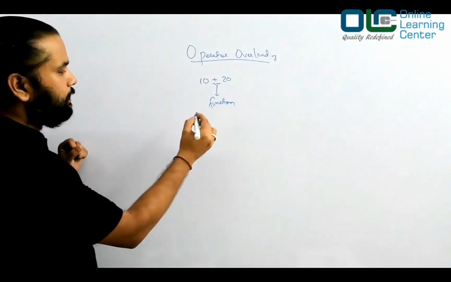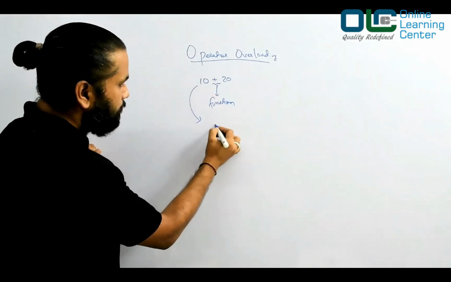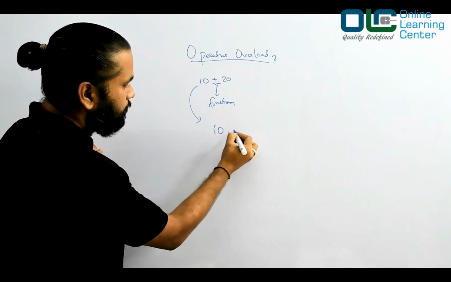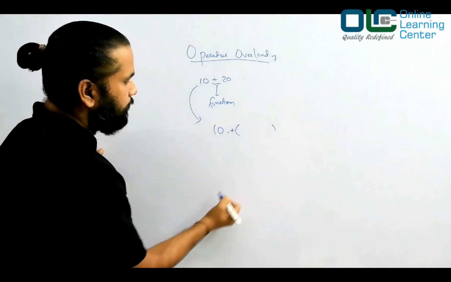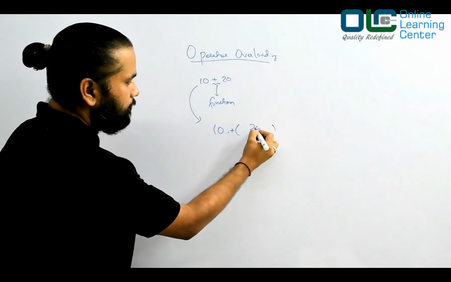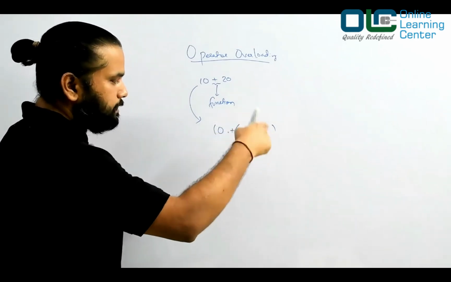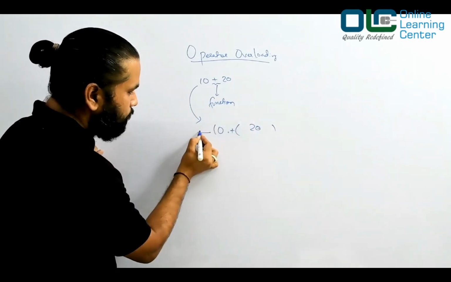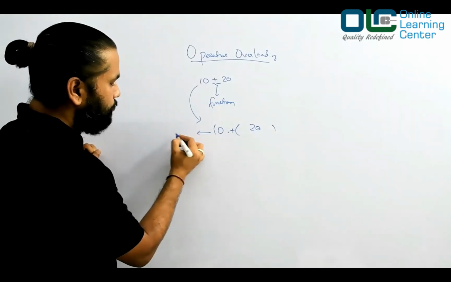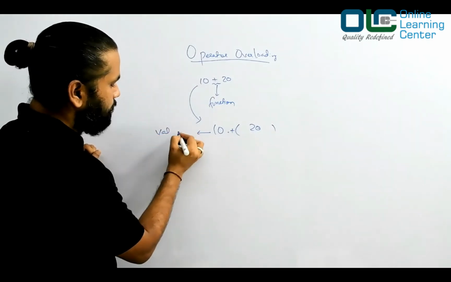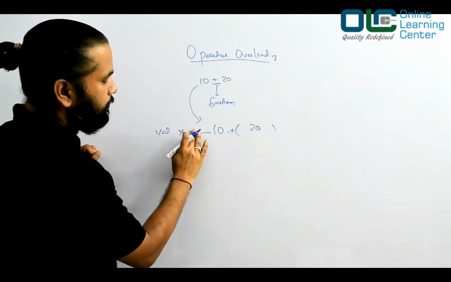So it actually would be evaluated like this: 10 dot plus method, and then pass 20 here. And then it does that sum and returns you back what? 30, which you can hold in a variable x is equal to.